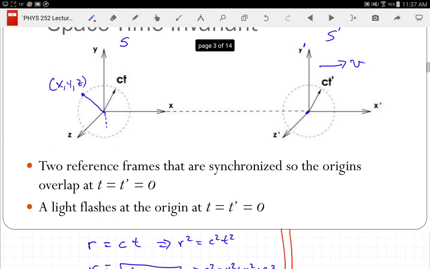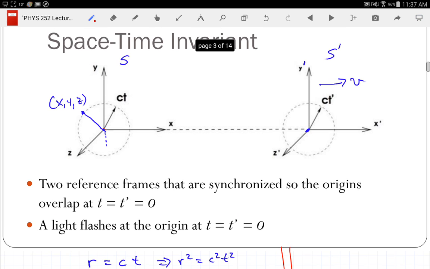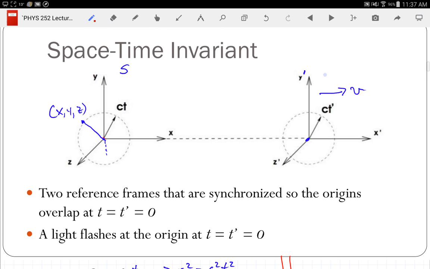Let's say instead of looking at this reference frame S, I looked at my primed reference frame, S prime. What would I see happening to the light in that reference frame? Would it still be traveling at the speed of c in all directions? Yes. So would it still make a sphere?